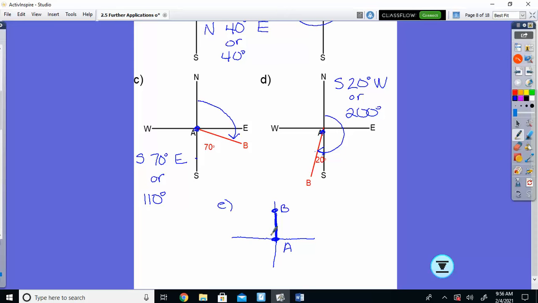North. How many degrees is that one from due north? 0. We didn't move either direction. Okay, in this scenario, I put one on here just to illustrate this point. If it's due north, are you technically east or west? No. In that scenario, you can list either one. So if it's not east or west, you could say north 0 degrees east, or you could say north 0 degrees west. It doesn't make a bit of difference.